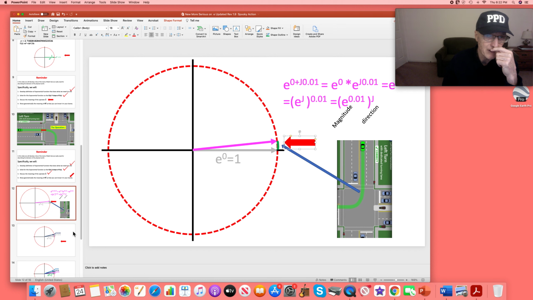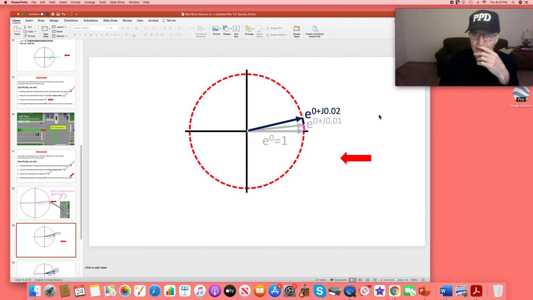Okay? Now, if you do that again, when you multiply the terms, you add the exponents. So to get to e to the j 0.02, it's two of e to the j 0.01s.